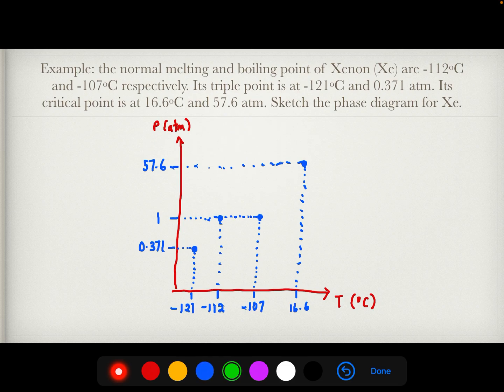This is the triple point, so it should be more or less like this. The most left should be our solid region, the middle should be liquid, and the right hand side should be gas or vapor. So this is more or less how our phase diagram should look like.